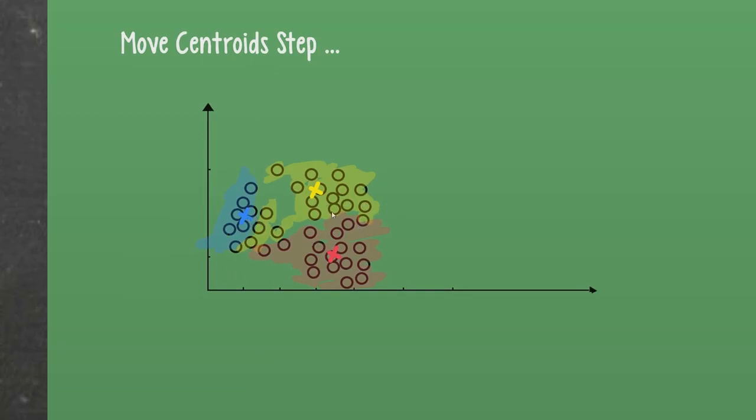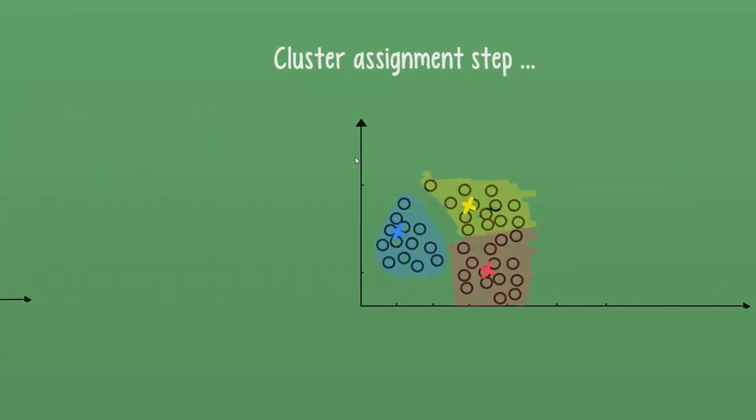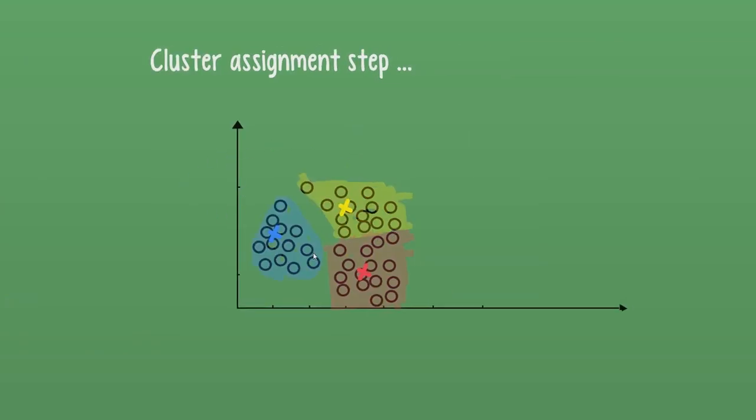After moving, we again do what's called the assignment step. So we assign again all the data points to the closest centroid. In this example, we don't need to iterate again, because if we try to calculate the mean of these, it's almost gonna be the same. Here the same, here the same.